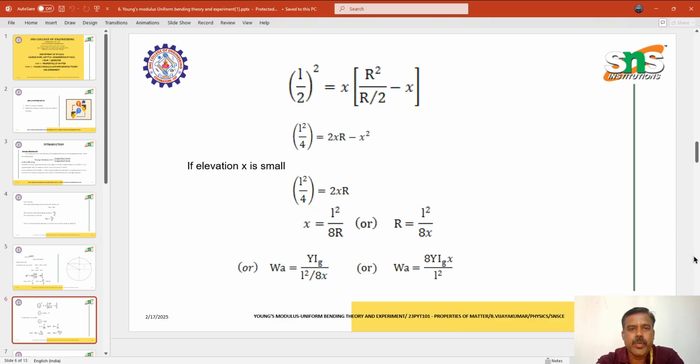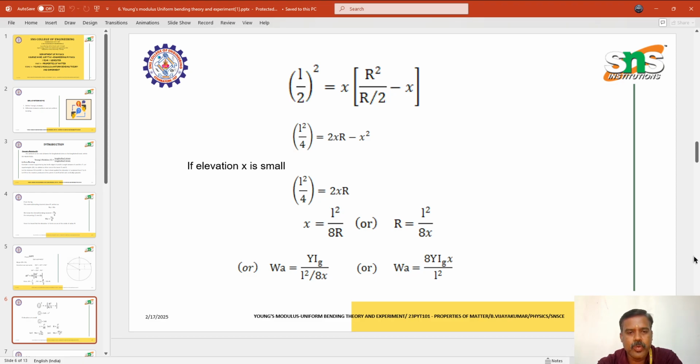So (L by 2) whole squared equals x times (2R minus x). L squared by 4 equals 2xR minus x squared. The elevation x is small, so L squared by 4 equals 2xR, where capital R is the radius of curvature.